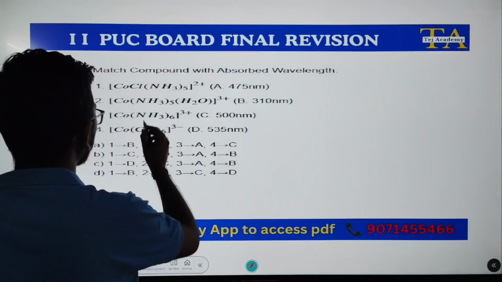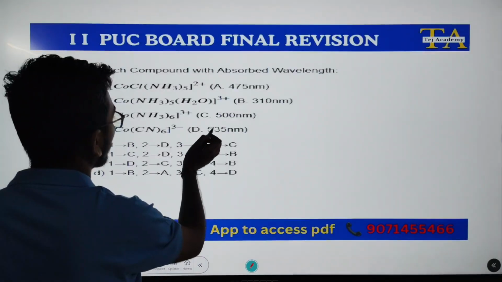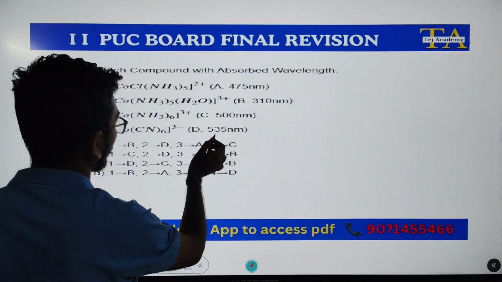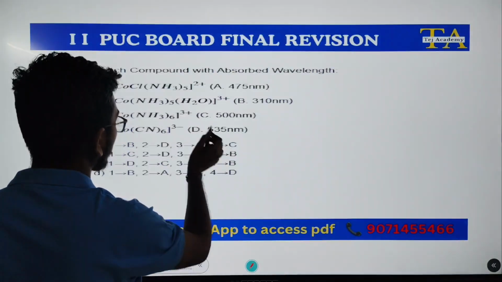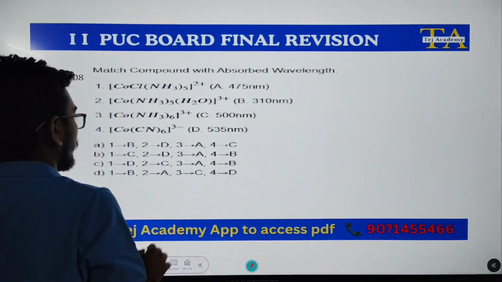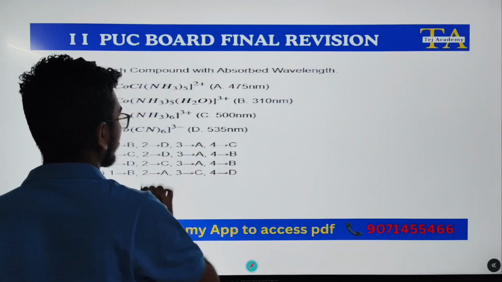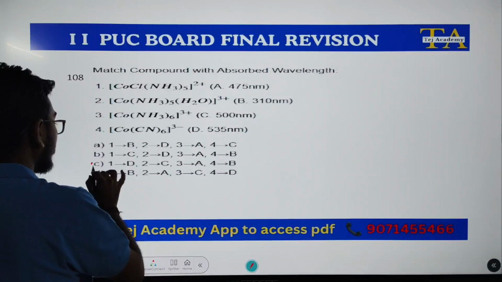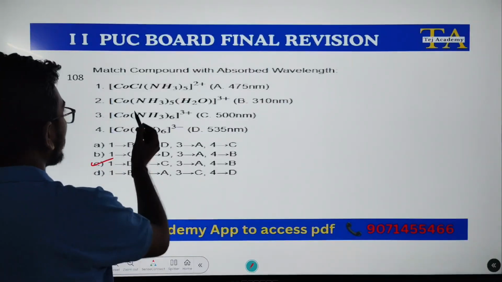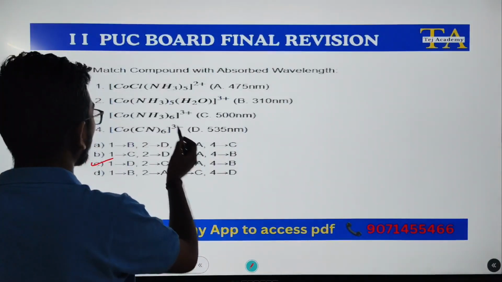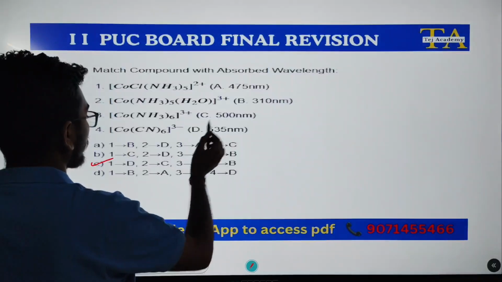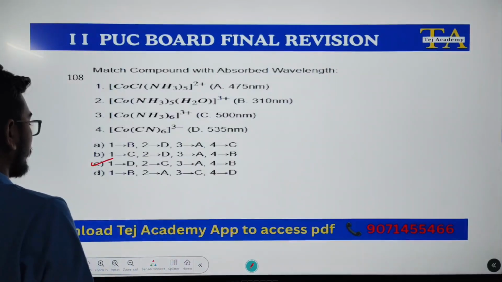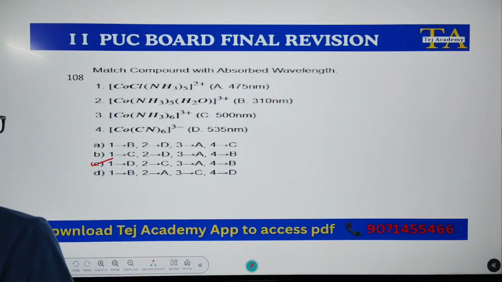For the first one, you see, ammonia is there, 535. This is the weakest ligand, so for that the highest wavelength, 535, is the highest wavelength. So option C is the right answer. For the second one C, for the third one A, and the fourth one D. Okay, so option C is the right answer.